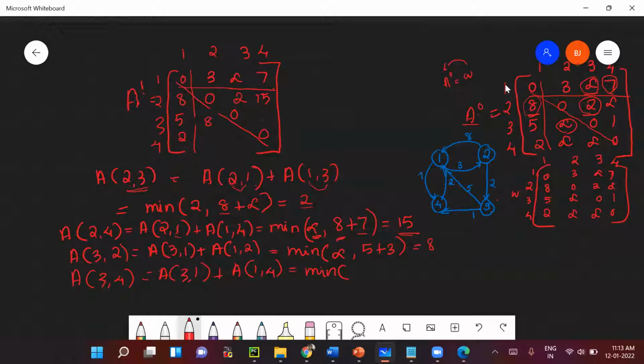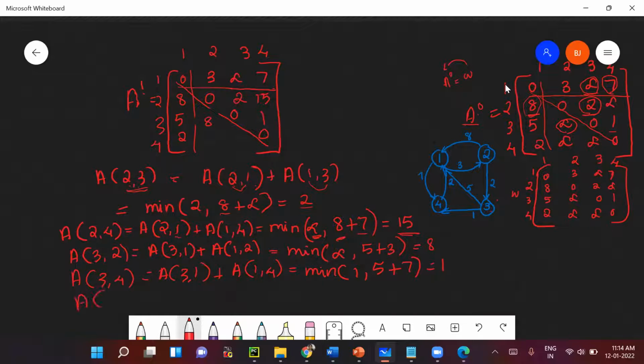What is 3, 4 from the previous distance matrix? 3, 4 is 1, right? So 1 comma, what is 3, 1? 3, 1 is 5 plus 1, 4 is 7. So which is minimum? This is 1, right? So we are updating it as 1.